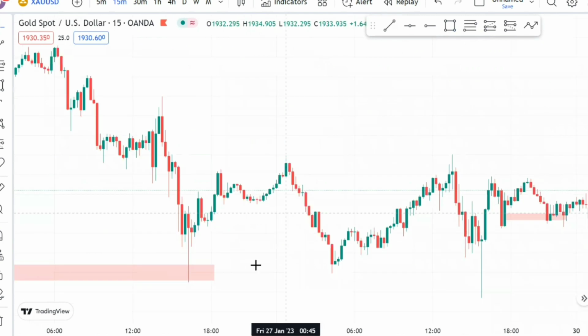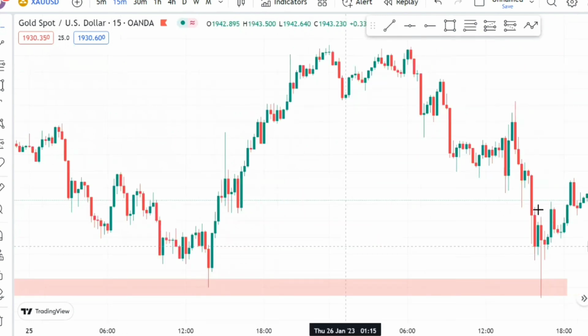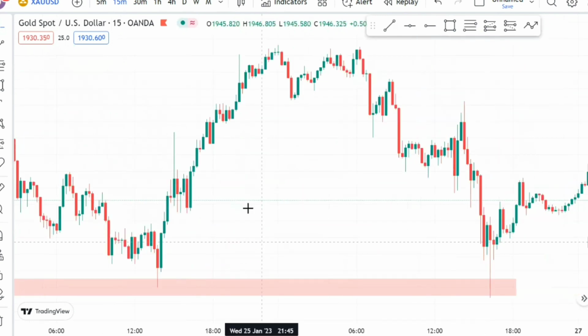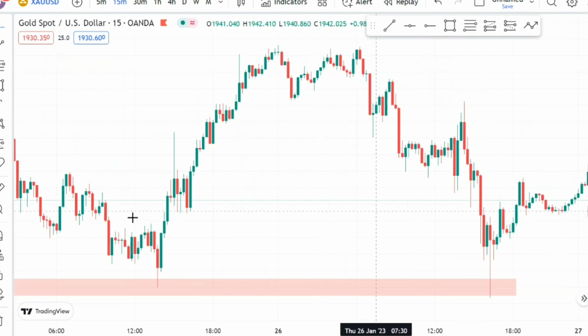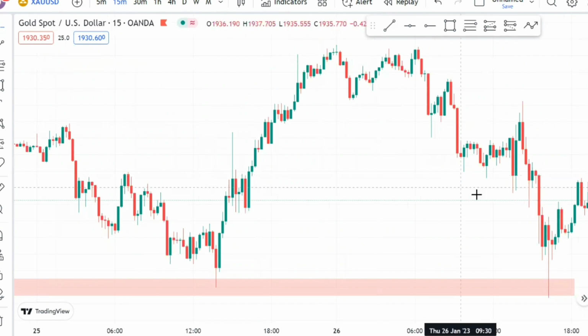So price is literally wicking in this demand zone multiple times before going up. Price wicked here, went up, wicked here, went up, multiple times, guys. So that is the second way I draw my supply and demand zone.